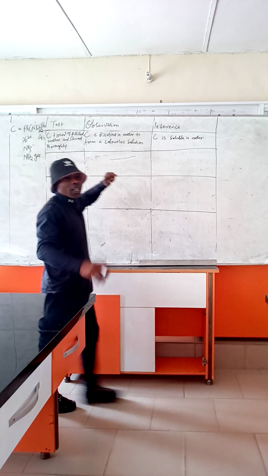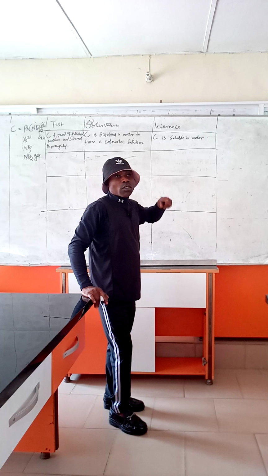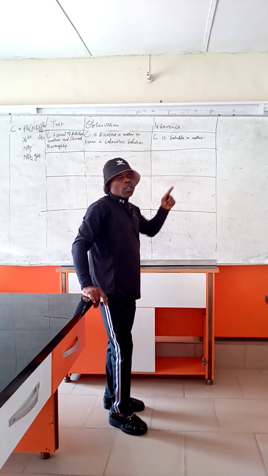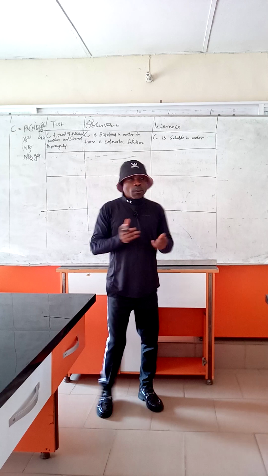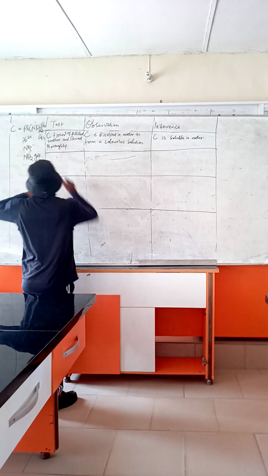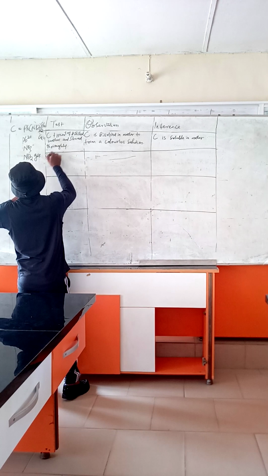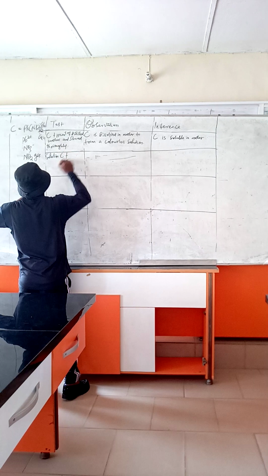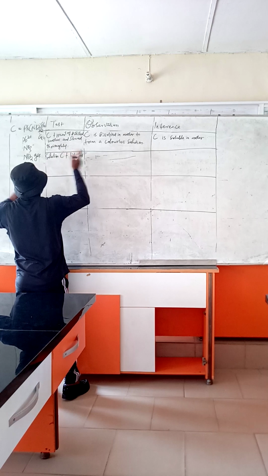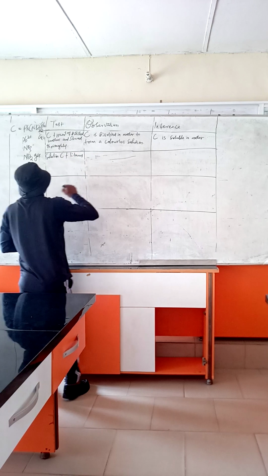All salts of strong acid would always what? Turn blue litmus red, meaning that it exhibits acidic property. Now, this is a salt. It means solution C, a solution of salt C, plus litmus, both red and blue litmus.